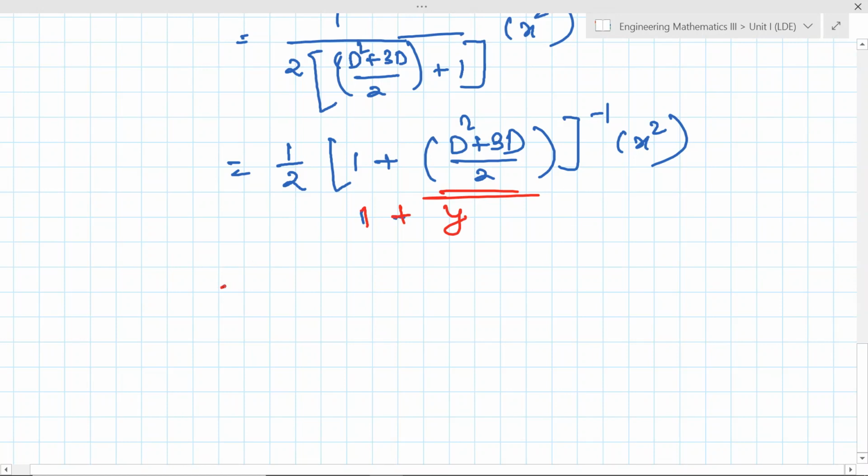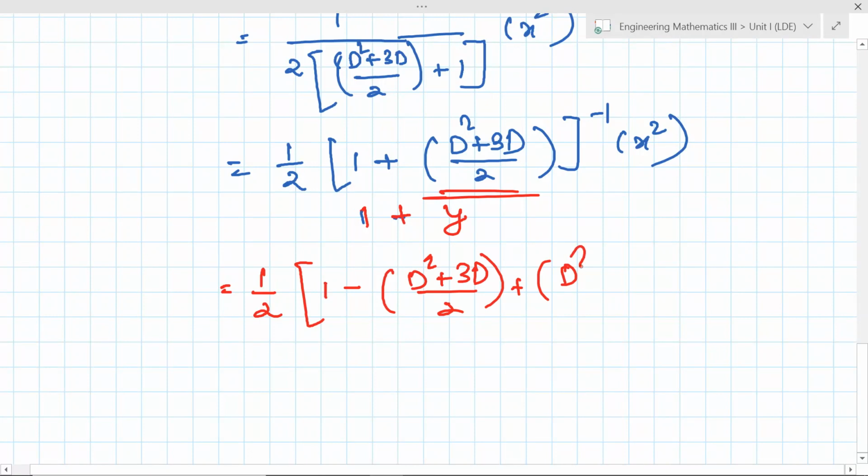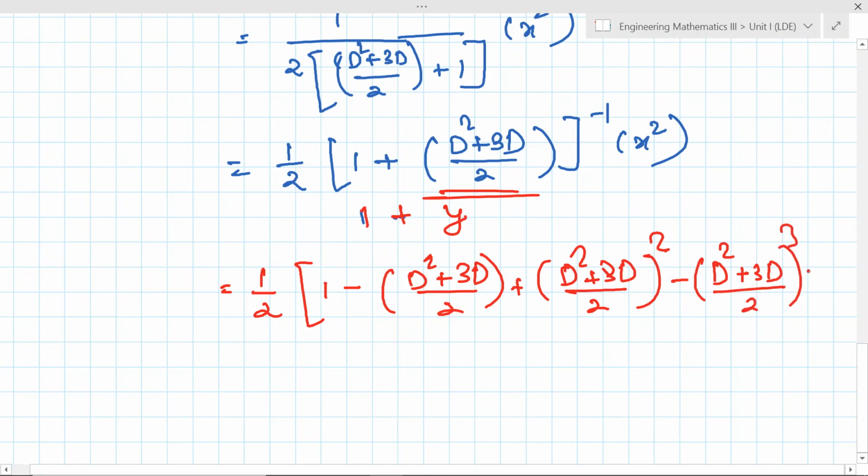And we can expand this with the help of the formula like this. So 1 by 2 in bracket [1 − (D² + 3D)/2 + ((D² + 3D)/2)² − ((D² + 3D)/2)³ and so on] into x².